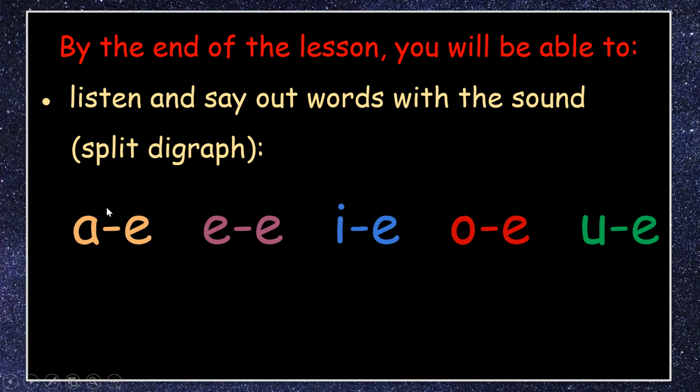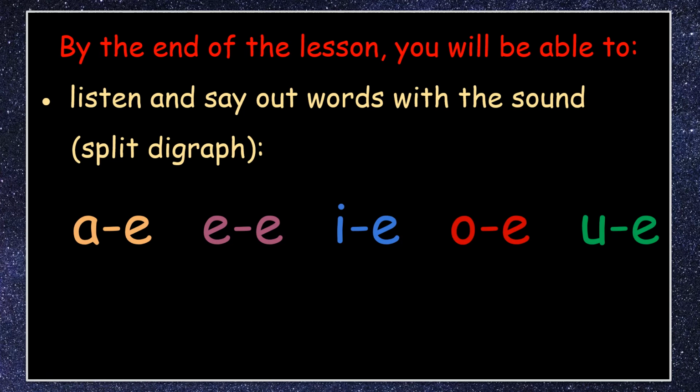Now remember, these five new sounds, we call them split digraph. Remember digraph we learned before, two letters coming together to make one sound. Now these two letters come together and they make one sound as well. But they are being very naughty.